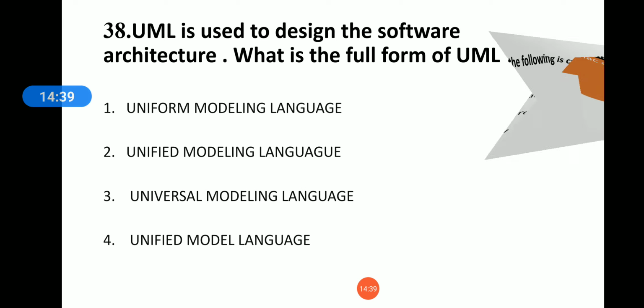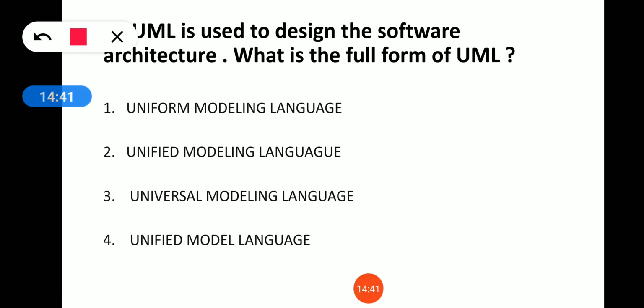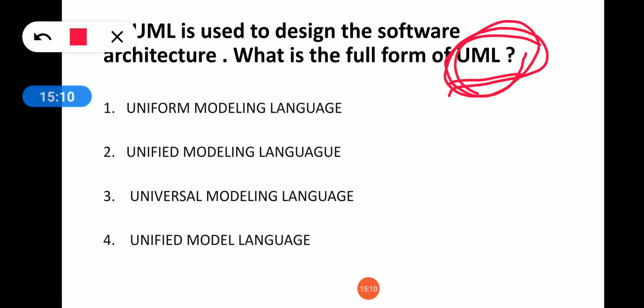Next will be UML. UML is used to design the software architecture. What is the full form of UML? It looks simple for conceptual learners, but for new learners it looks like a very tough question. Generally, if you look at some website, this button must be at this place, and when you click on it, something must happen. This background architecture will be designed in UML.